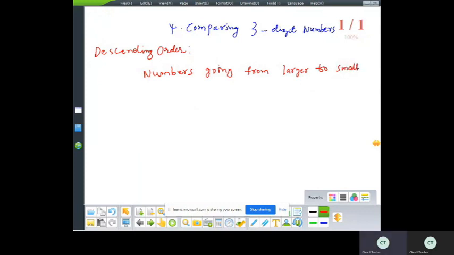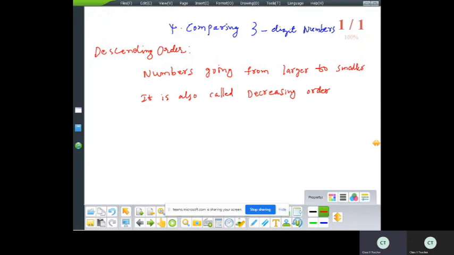This is the definition for descending order. It is also called decreasing order.